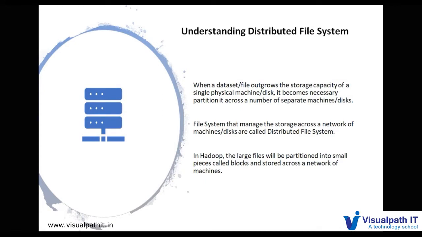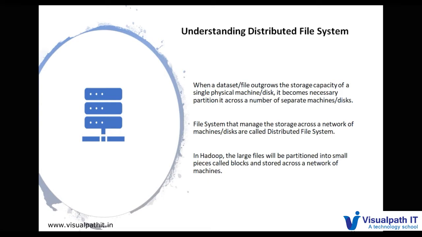So first, before going to Hadoop, we'll see the understanding of distributed file system. What is a distributed file system? When a dataset, a file, outgrows the storage capacity of a single physical machine disk, it becomes necessary to partition it across a number of separate machine disks.